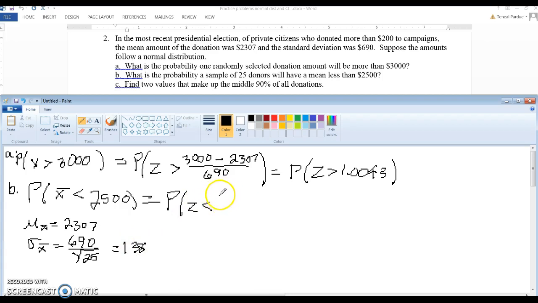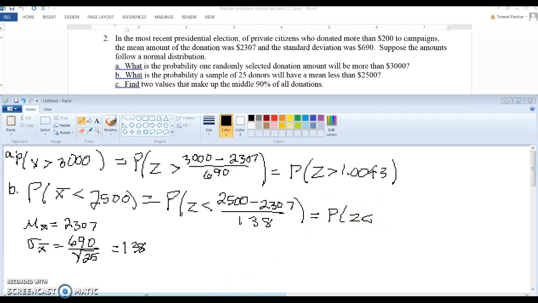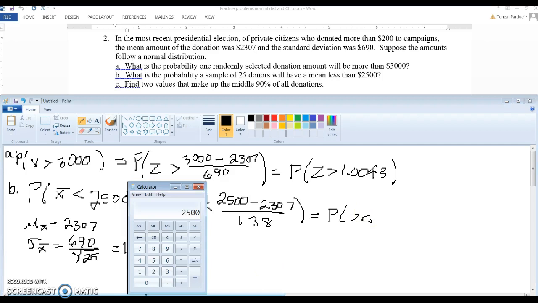So back up here, we do 2,500 minus mu sub x bar over sigma sub x bar. And 2,500 minus 2307 divided by 138 is 1.3986.